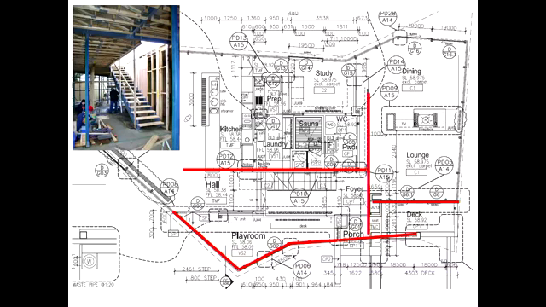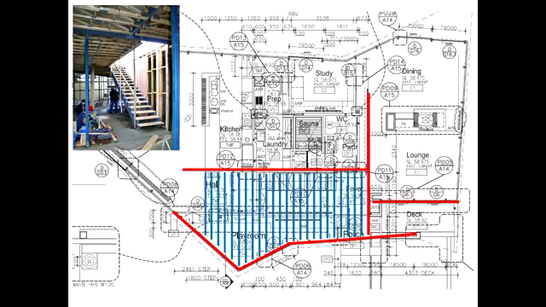So these are the main structural steel elements. And then I realized that the joists are running in this direction. So that means that if the stair is placed here, it's actually a very difficult scenario, because if the stair was oriented by 90 degrees, I could have just got rid of a couple of joists, and that was it.